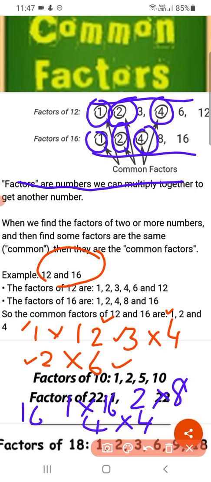These factors are common in both. These numbers are same in both. So which are the common factors? 1, 2 and 4. These are the common factors of 12 and 16.